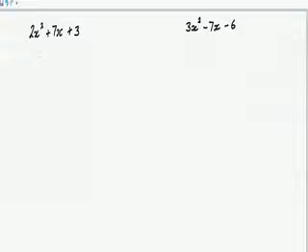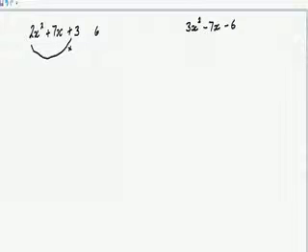Okay, so what we do is this. If we're to factorise and solve this, first I take the 2 and I multiply it by the 3, so I get 6. So what times what will give me 6 that if I add them together will give me 7?